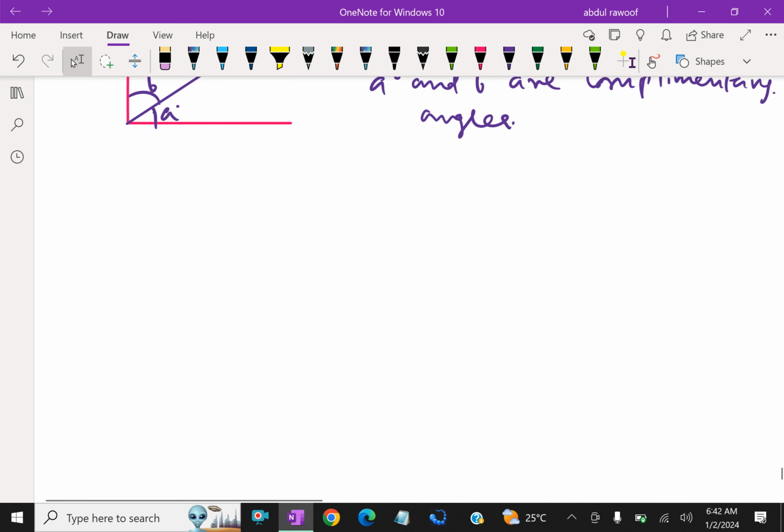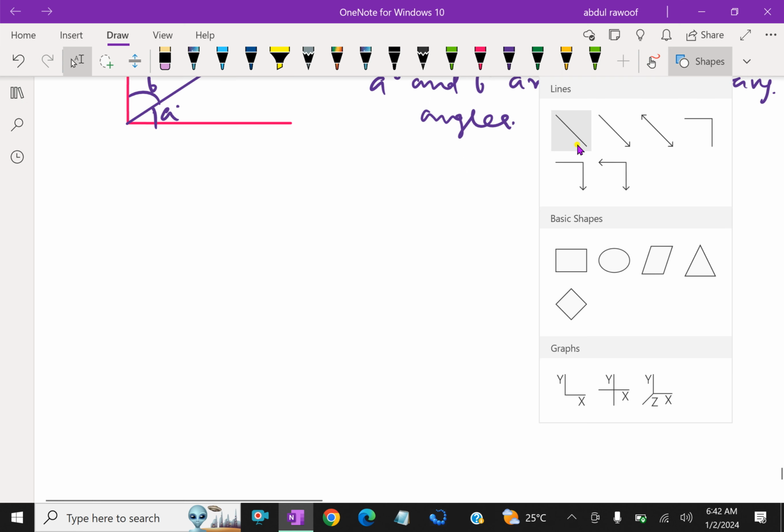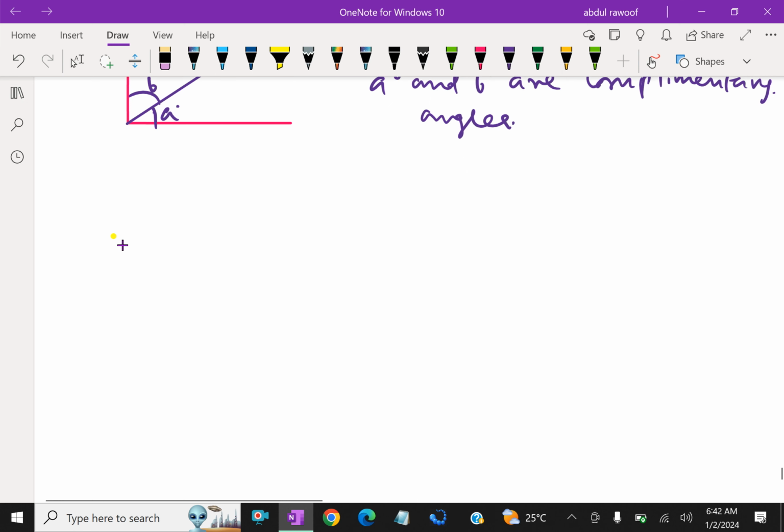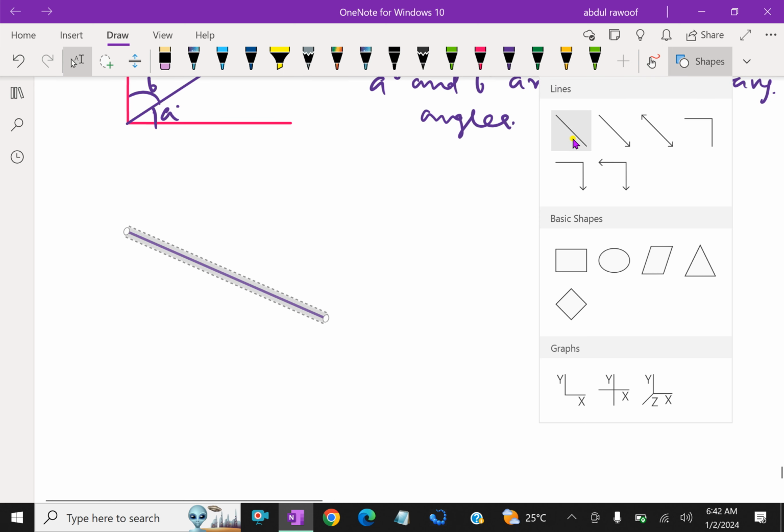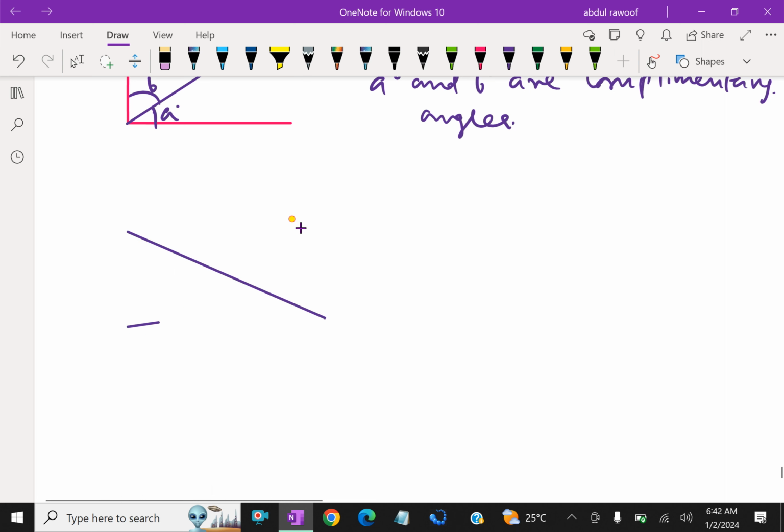Then next one, angle A, angle B. Vertically opposite angles are equal in size.